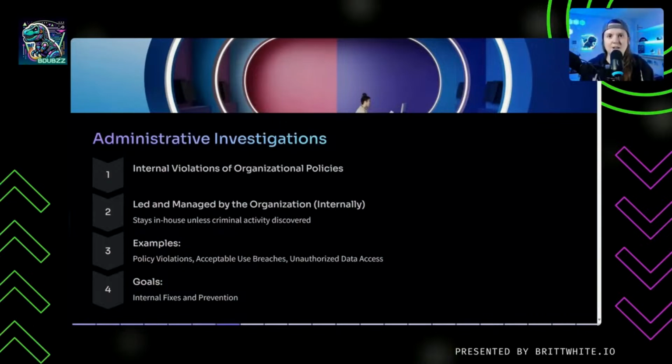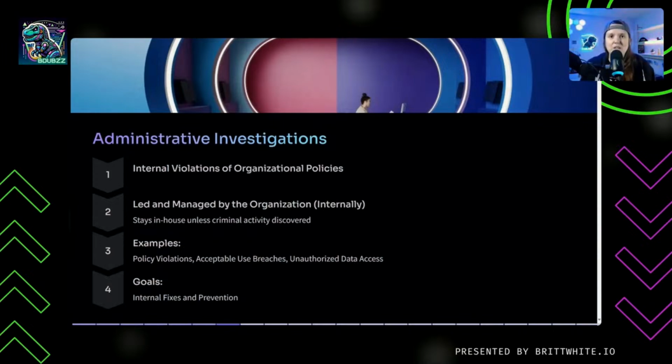If a hacker steals credit cards, it could morph into criminal, but it might start as administrative to see what internal policies weren't followed. The purpose here is internal action, and the goal is internal fixes to hopefully prevent it from happening again, or at least make it less likely to happen. This includes disciplining employees, patching policy gaps, beefing up security, and learning from mistakes.